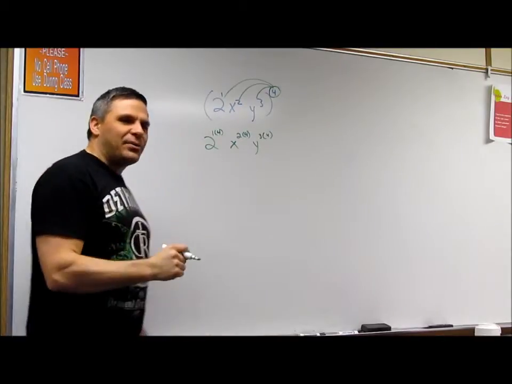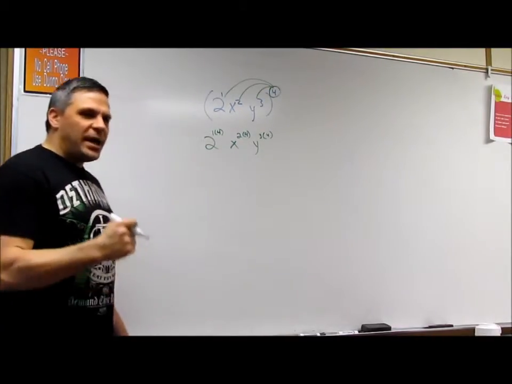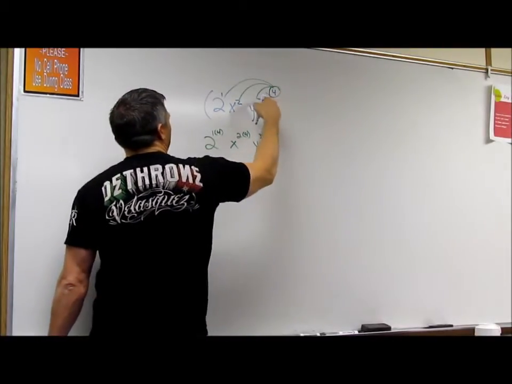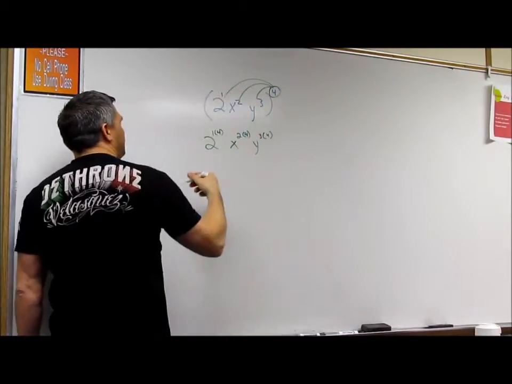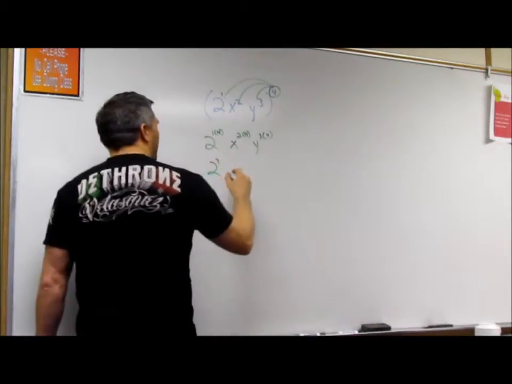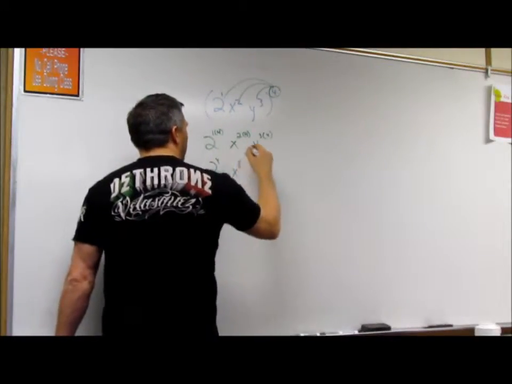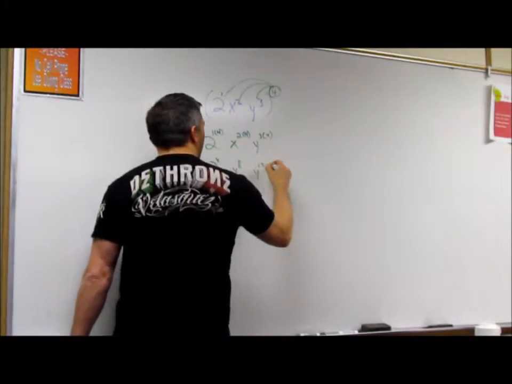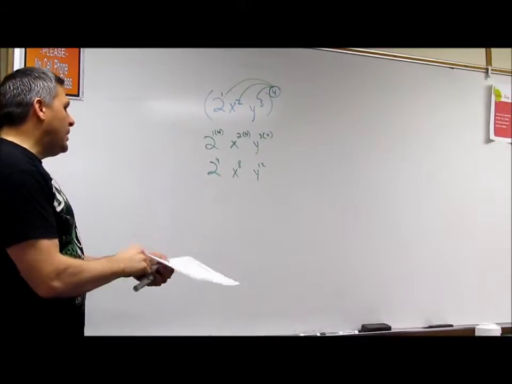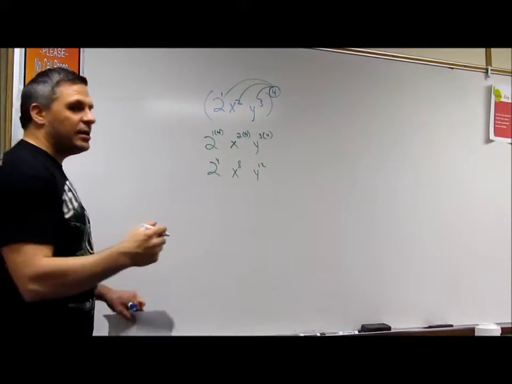Remember, when we're taking a power of a power, we multiply exponents. And that's what we're doing here. We're multiplying this exponent against this one, and this one. So what I really end up with here is 2 to the 4, x to the 8, and y to the 12. But then, I need to do my next step, which is take care of the number.